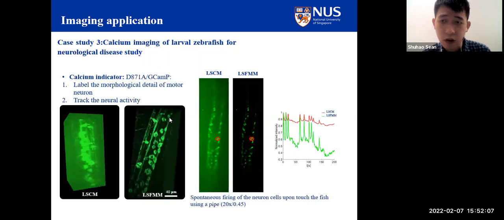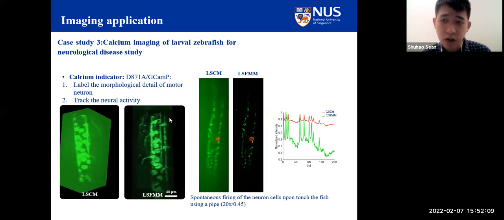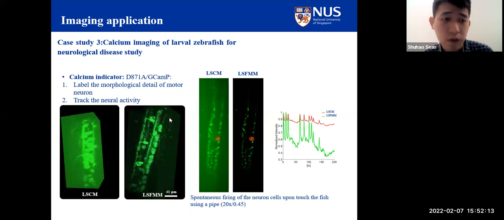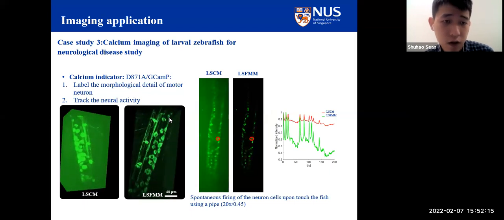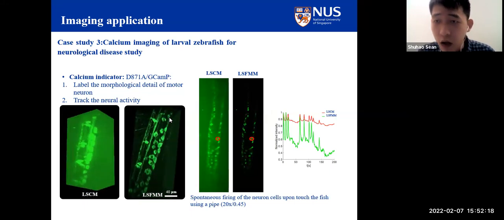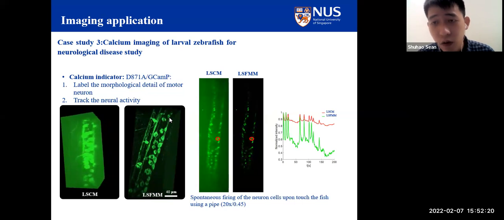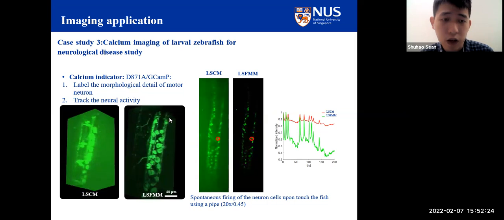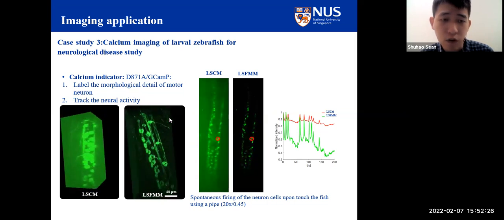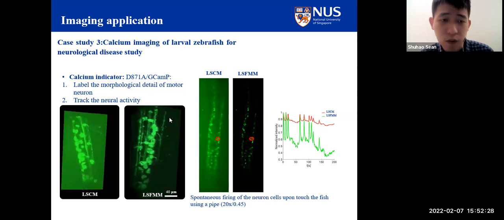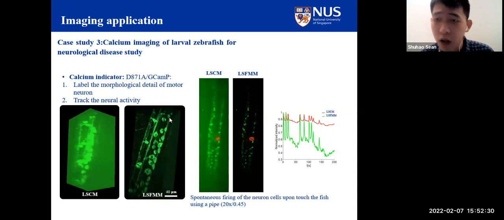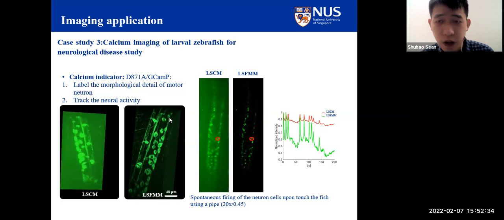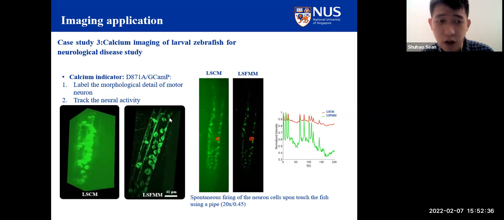The third case is calcium imaging of the small animal, zebrafish. We use calcium indicators, then we apply morphological imaging using the LSFMM, which can remove most of the out-of-focus background with a very clear image. Then we use it to check the calcium neural signals of spontaneous activities.